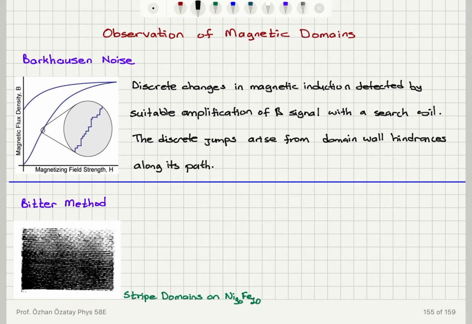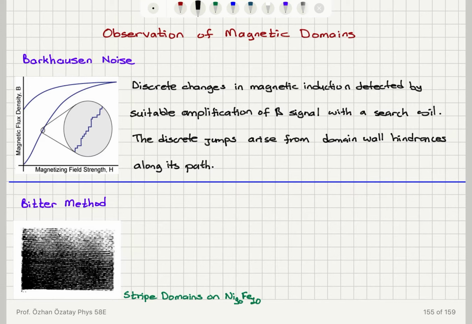So we see that the domain walls are getting pinned and depinned in some crystal imperfections as they proceed through their path in the magnetization process or demagnetization process.